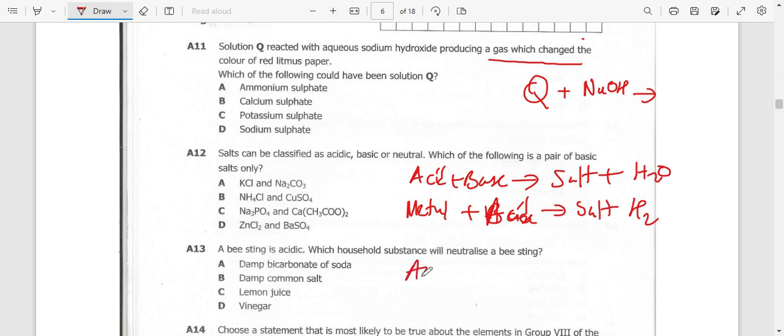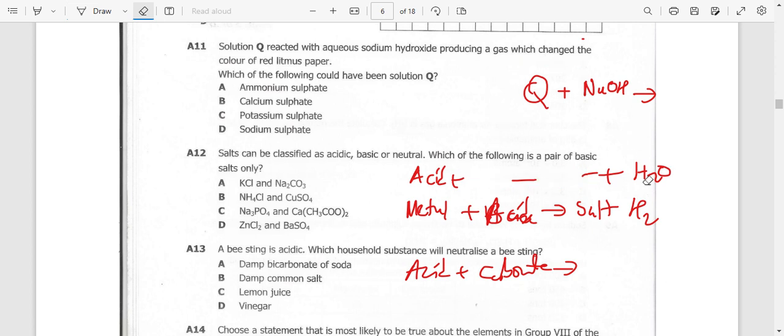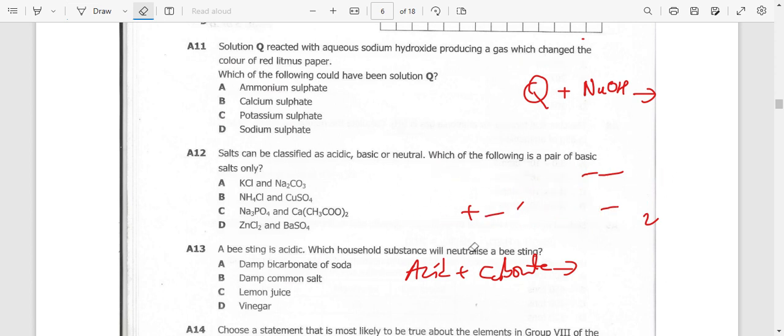Now, when you have got an acid and a carbonate, this is like the previous question, you are going to form a salt, carbon dioxide, and water. These are some things that you need to know because those reactions are going to be brought to see if you can write the product. Acid and carbonate produce salt, water and what? Salt, water and carbon dioxide.